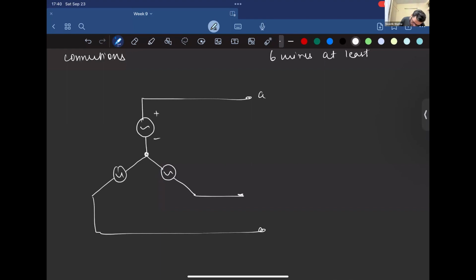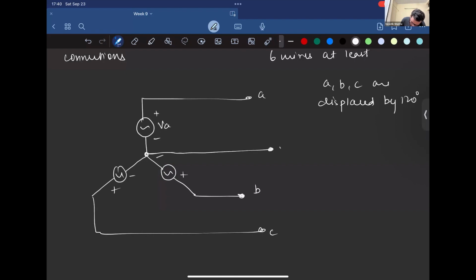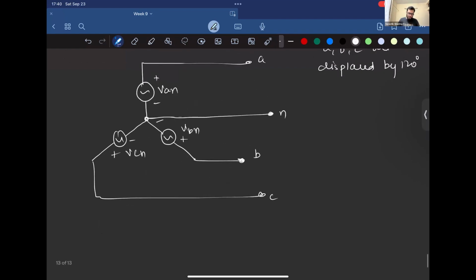This is A phase, this is B phase, and this is C phase. A, B, and C are displaced by an angle of 120 degrees. And there is this neutral wire too. This is VAN, this is VBN, this is VCN.